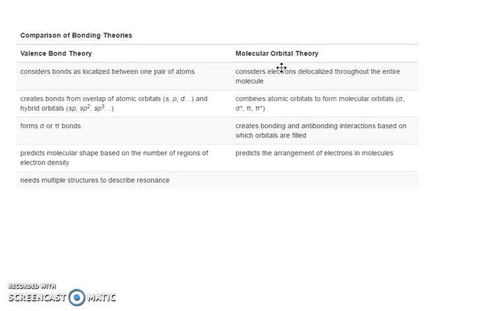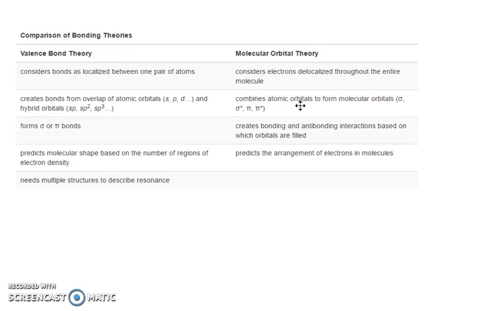This chart here shows a comparison between valence bond theory and molecular orbital theory. Valence bond theory considers bonds as localized between one pair of atoms that the bond is discussing, whereas molecular orbital theory considers the electrons delocalized throughout the entire molecule. In valence bond theory, we have overlap of atomic orbitals and hybrid orbitals that form sigma or pi bonds.